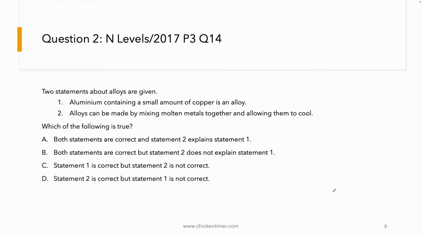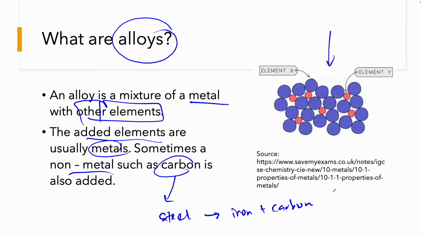So we can go back to our notes on alloys down here. In order to get the structure of the alloy, to mix two metals, or a metal and something else, you have to get them into the molten form so that the atoms can move and rearrange themselves.